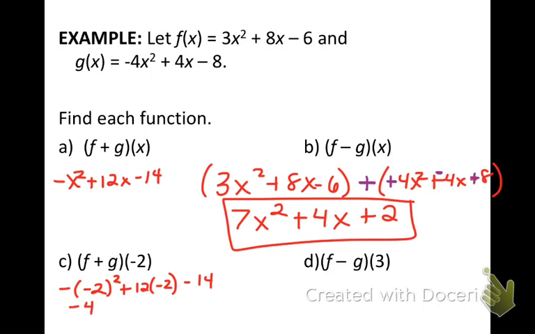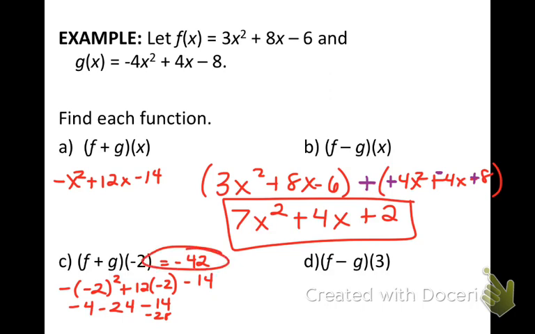So now I have a negative 4. 12 times negative 2 is negative 24 minus 14. So negative 4, negative 24 is negative 28. Negative 28 and negative 14 is negative 42. So I got negative 42 for my answer there.